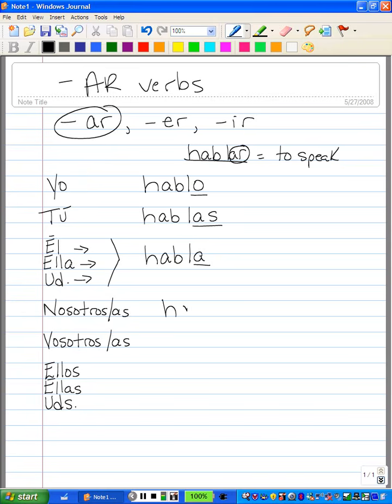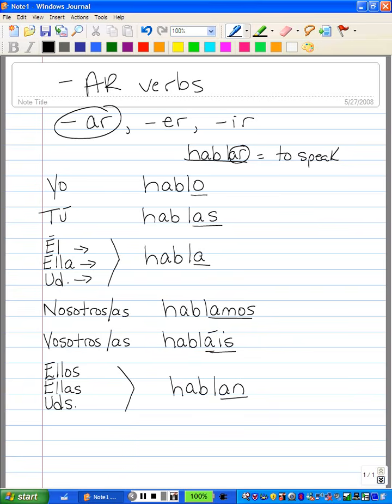For the nosotros, it's going to be hablamos, AMOS. For the vosotros, it's going to be habláis. It has an accent over that A. And for this last one, ellos, ellas, and ustedes, you're going to use the word hablan.